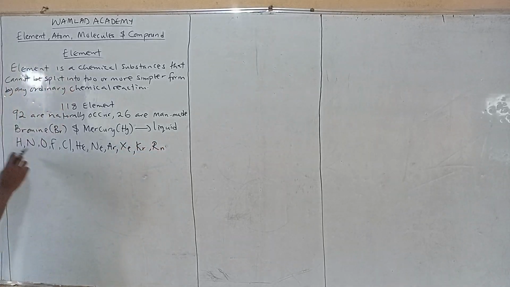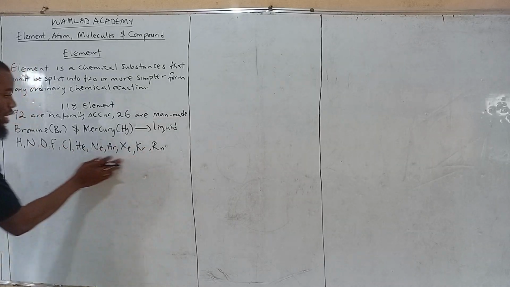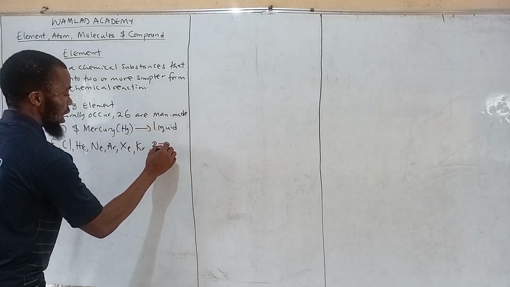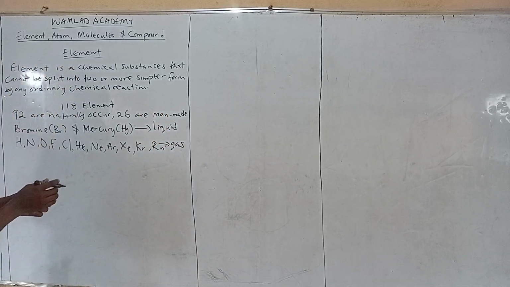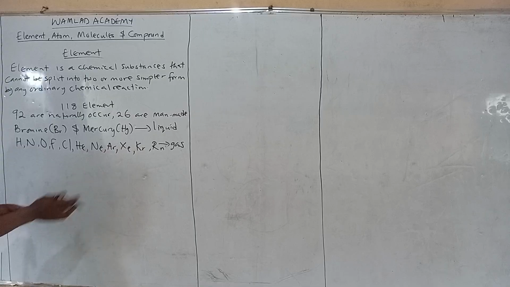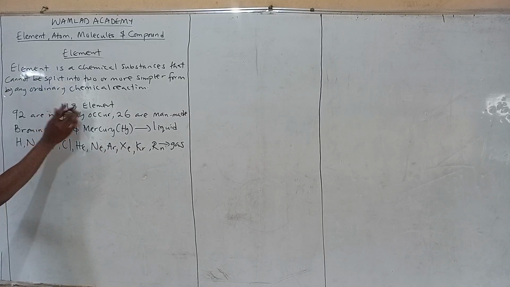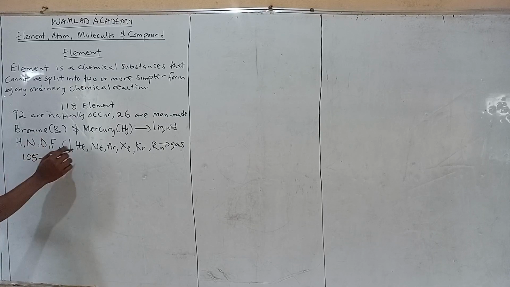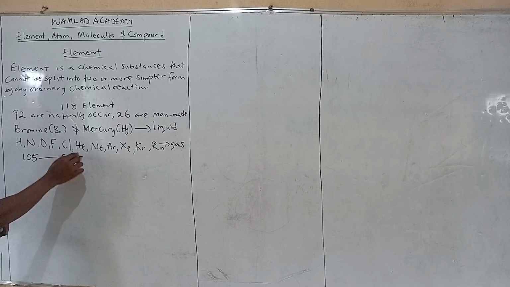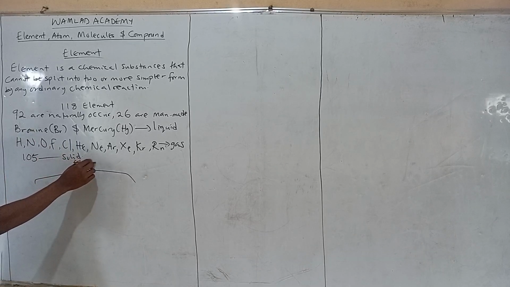So all these 11 elements, 1, 2, 3, 4, 5, 6, 7, 8, 9, 10, 11, exist as gas. The remaining ones, 2 plus 11 is 13, and 118 minus 13 gives 105. That means the remaining 105 exist as solid.